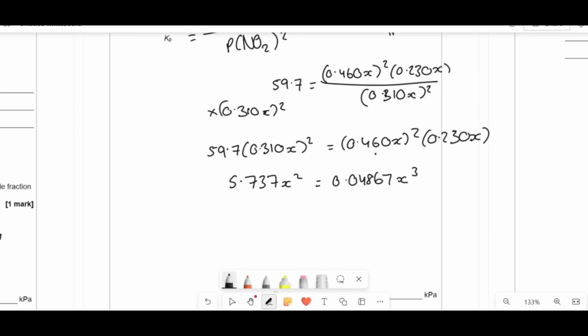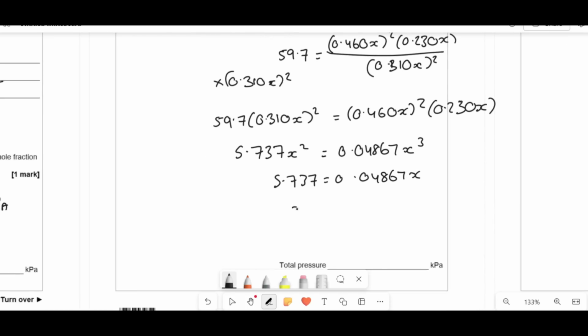If I now divide both sides by x squared, I get 5.737 equals 0.04867 x. Then I just divide both sides by that. So x will equal 5.737 divided by 0.04867, which is roughly 117.8, so roughly 118 kilopascals.